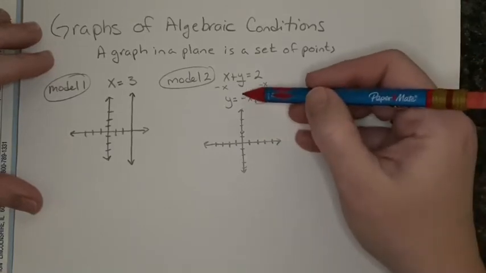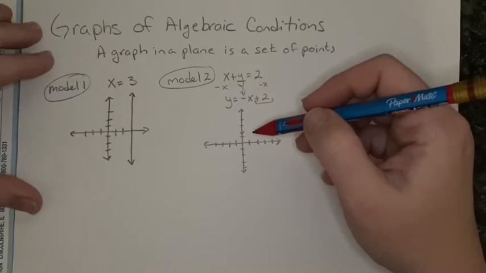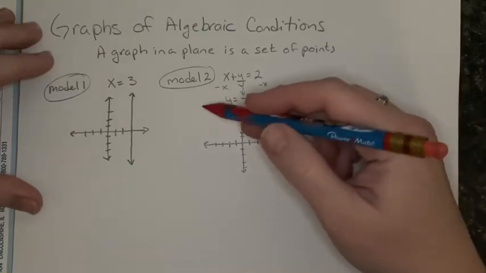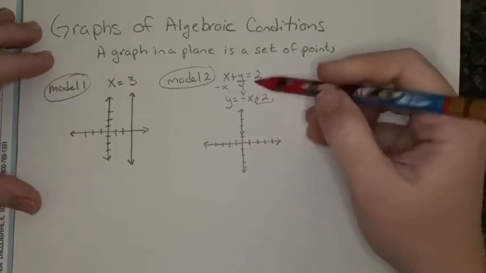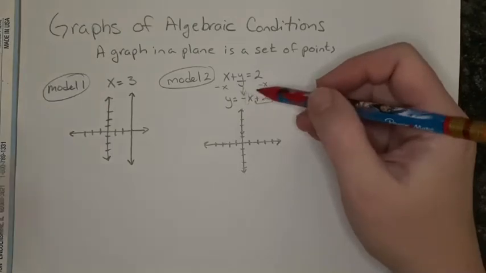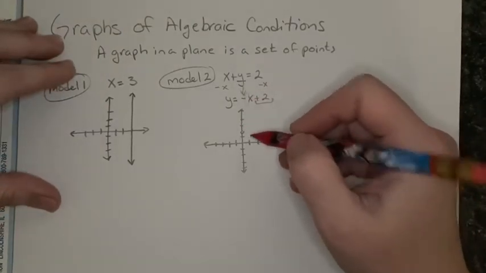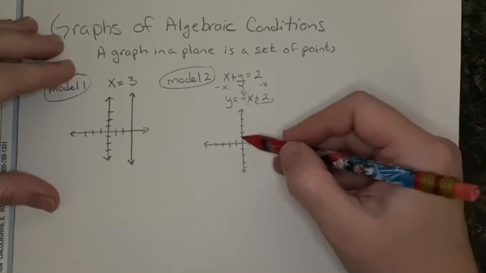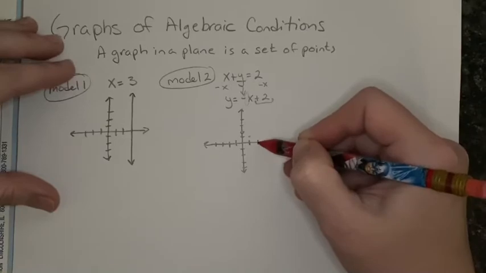And then we have a negative x. Negative means we're going to have a negative slope. Going from left to right, we should be walking downhill. And since there is no coefficient other than the 1, for every point we go over, we're going to go down 1 point. So we go down 1 point and over 1 point, down 1 point and over 1 point.